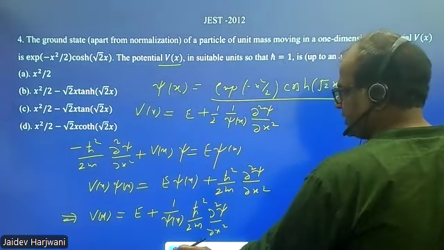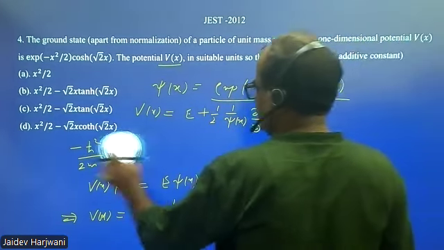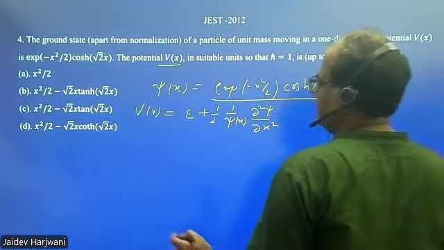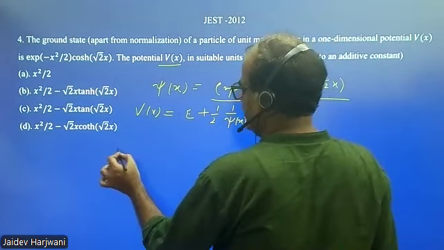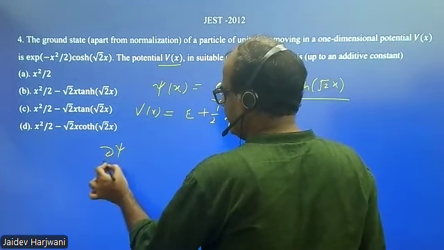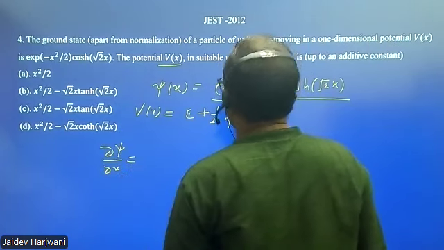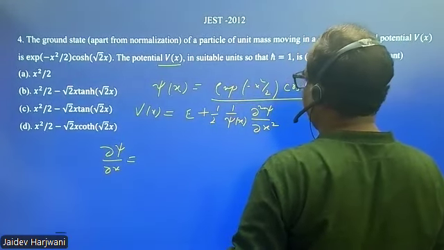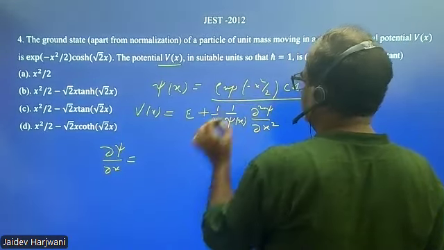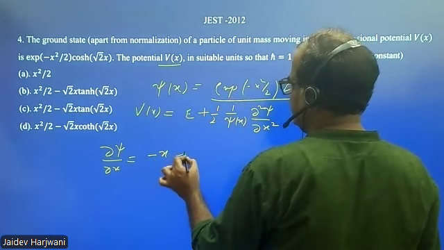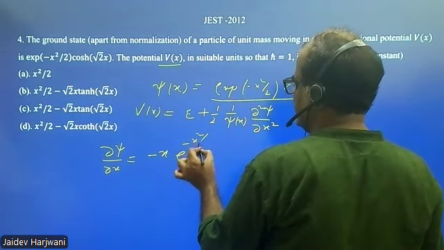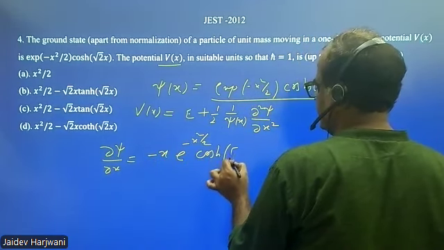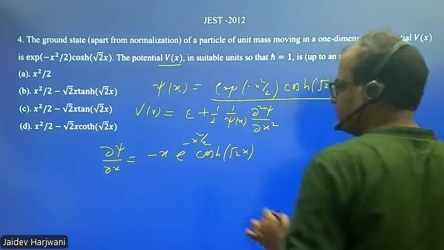So we have to find the double derivative of the wave function. So you have the wave function I'm writing here. I want del psi upon del x. This e power minus x square by 2, if I differentiate this one, this will give me minus x e power minus x square by 2 cos hyperbolic root 2x.